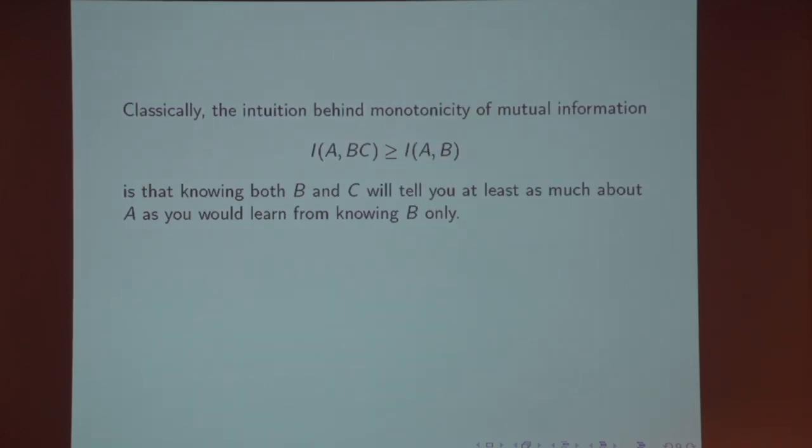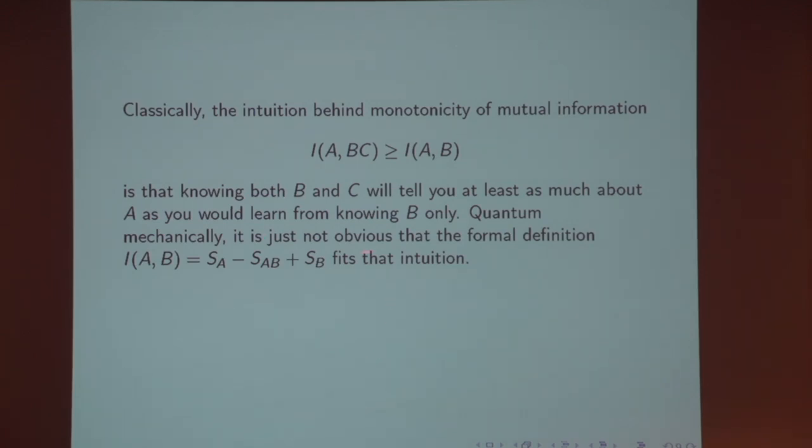As I've said, classically the intuition behind monotonicity of mutual information is that knowing both B and C will tell you at least as much about A as you would learn by knowing B only. Because remember, mutual information classically tells you what you learned about A if you know B, or what you know about A if you know BC.